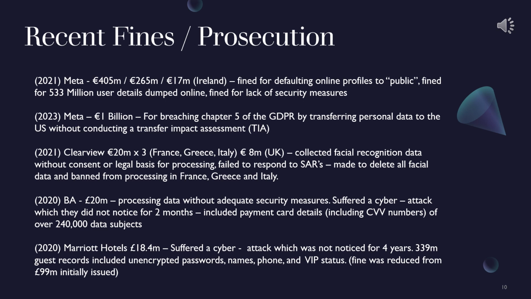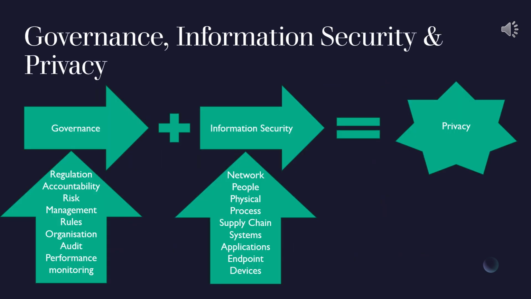So how can these breaches and fines be kept to a minimum or avoided altogether? Here's how. A good governance programme underpinned by good information security results in privacy. In your governance programme, you will need to consider the regulations you must comply with. This is not just the Data Protection Act 2018. It also includes regulations such as the Computer Misuse Act and e-privacy regulations.